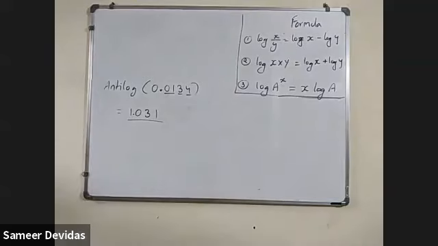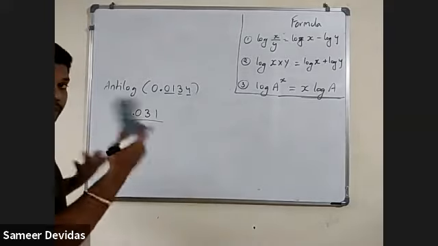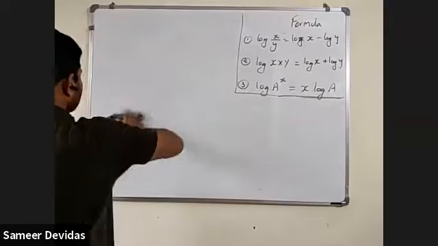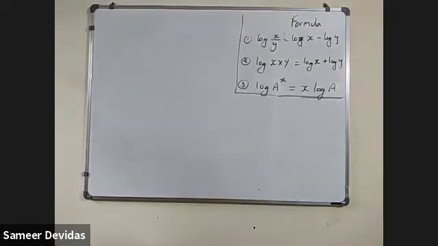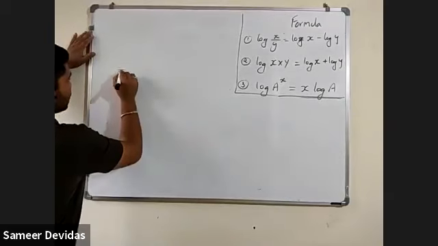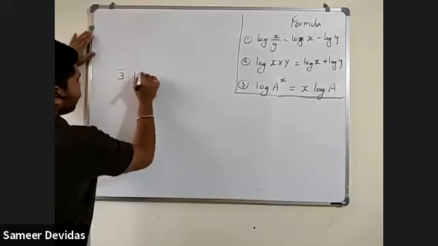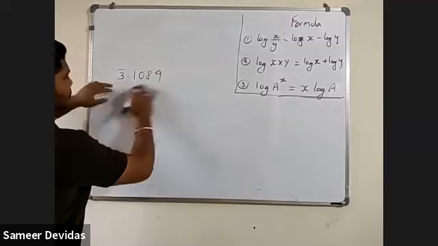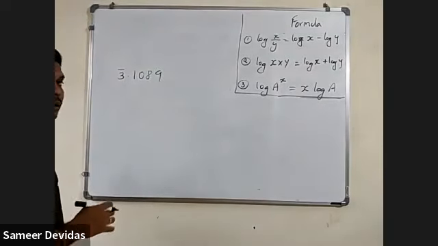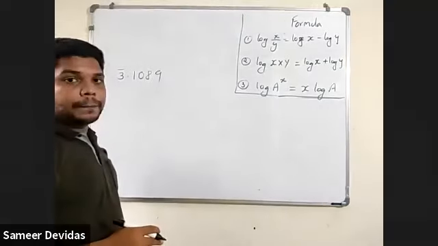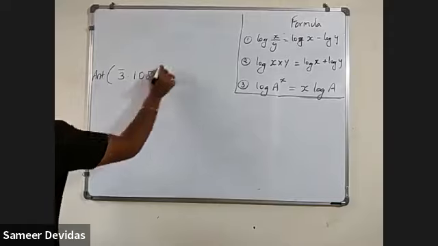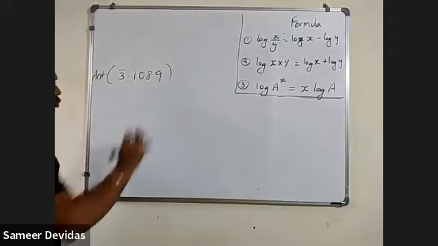Now we are going to a difficult thing. If suppose, after finding a log, you got bar 3.1089, like this number you got after finding the log, now you have to find out the anti-log. Then how are we going to do it? Directly take 10 raised to minus 3?